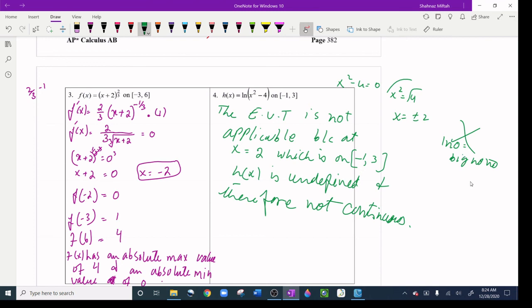There is no ln 0. ln 1 is equal to 0, which is completely fine, but ln 0 is undefined. When I plug in 2, it's going to give me 4 minus 4, which is 0, so ln 0. That's why it's undefined.